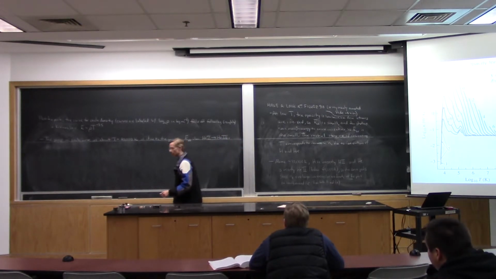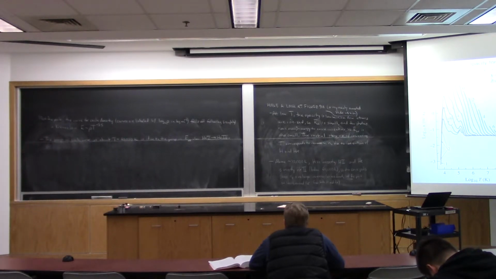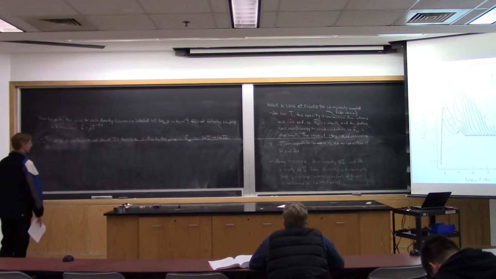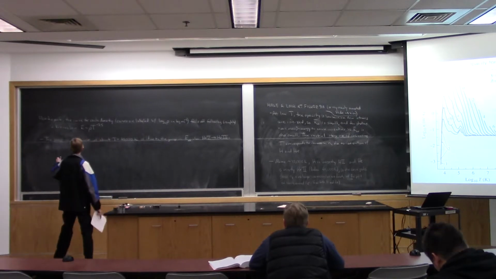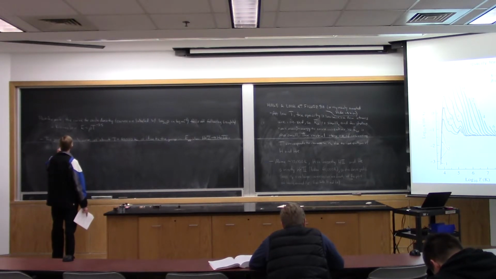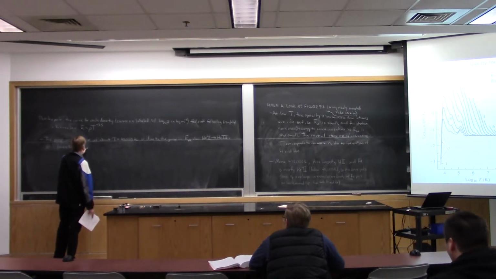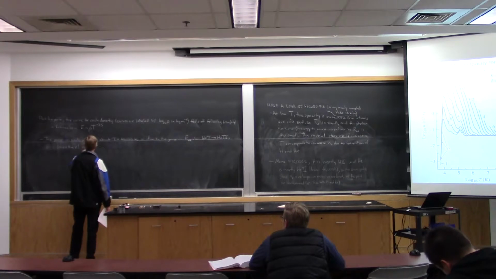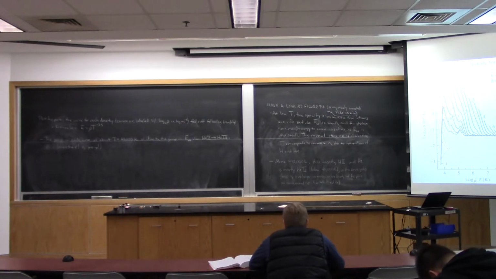Remove that extra remaining electron from the heliums, you get more free electrons, and N sub E goes up.